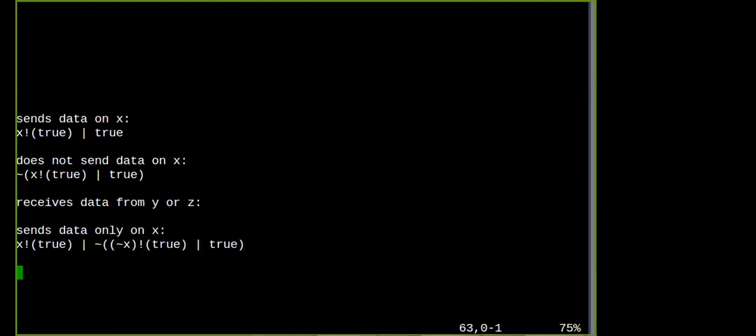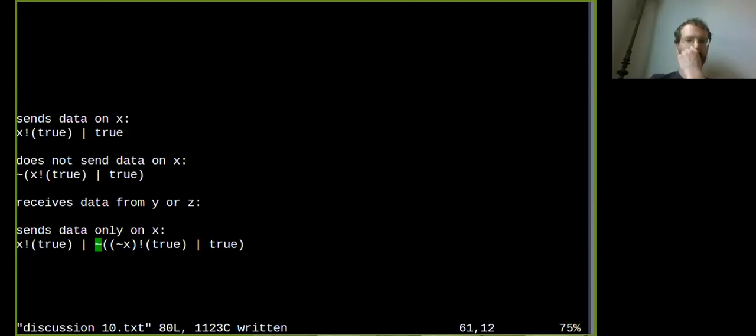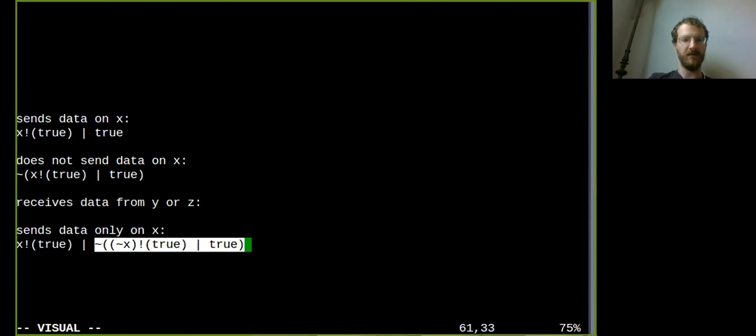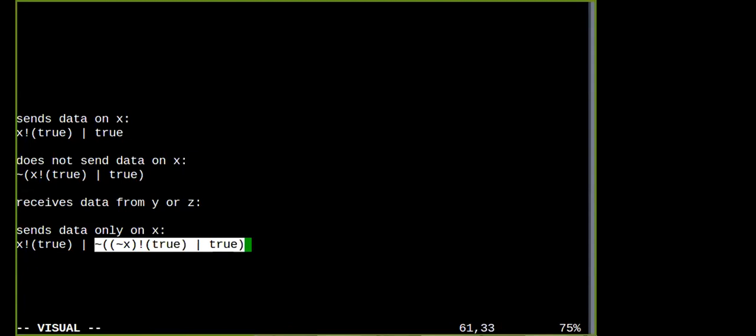What if your formula has multiple sends on X? That's fine. They all match the first part. Okay. This does involve some tilting the head to the side, doesn't it? No, another send on X can still be inside of this, right? Well, how do you mean? Only in the true part, which is negated.